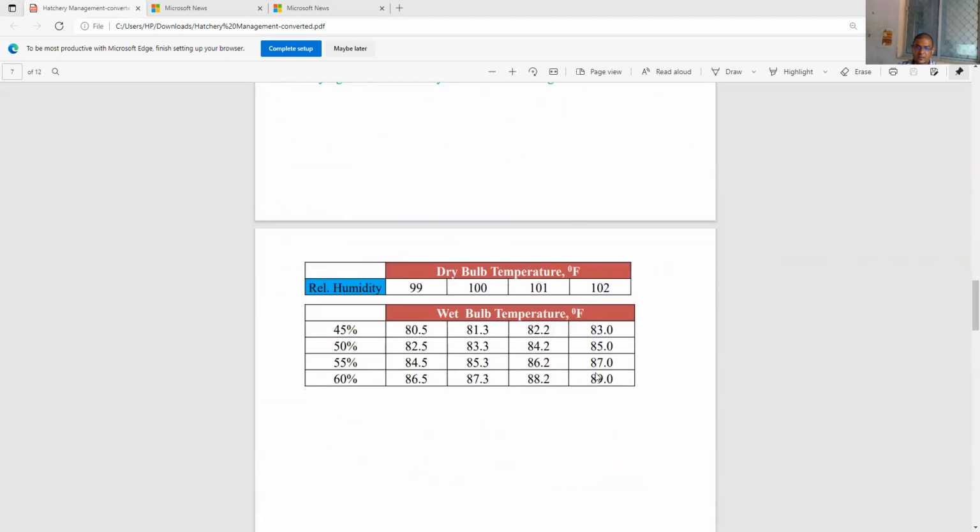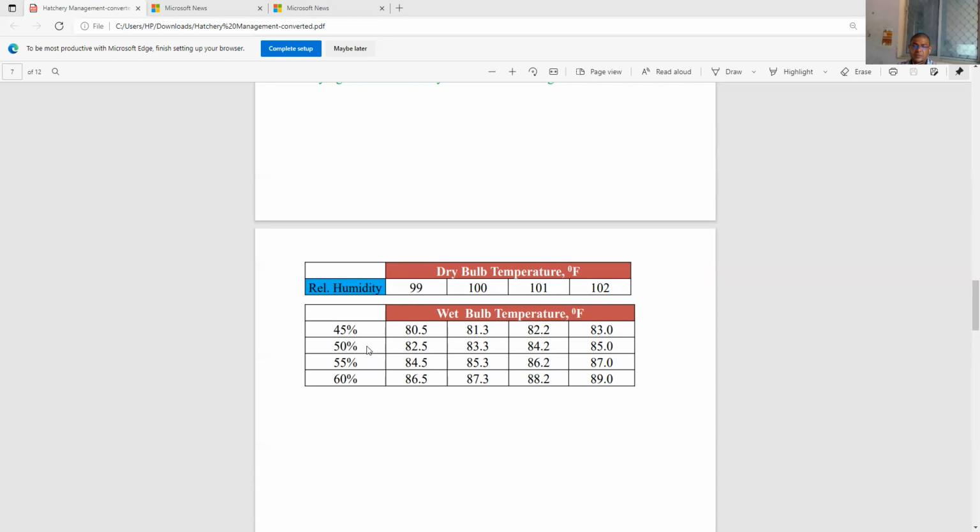In this table, the dry bulb temperature and wet bulb temperature are given, as well as the relative humidity. At 45% relative humidity, the dry bulb temperature varies from 99 to 102 degrees Fahrenheit, whereas the wet bulb temperature varies from 80.5 degrees Fahrenheit to 83 degrees Fahrenheit.